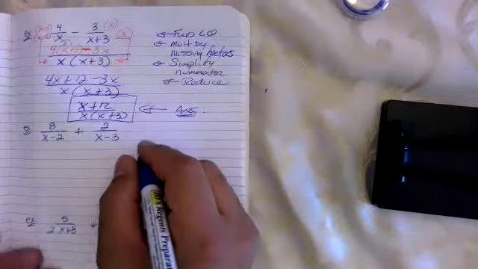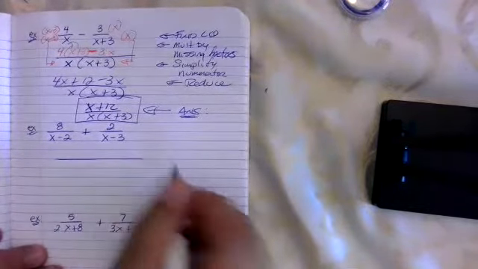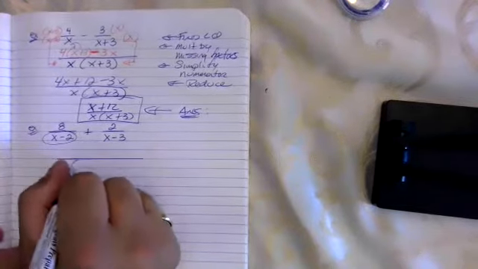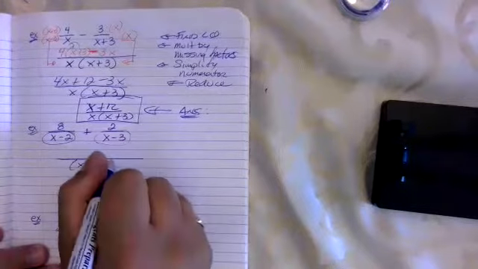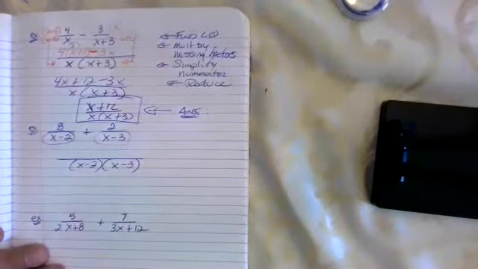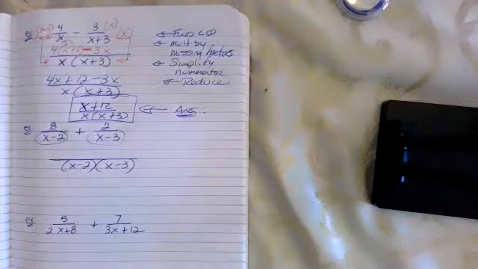So in this example, I need this entire denominator expressed in my LCD, and I need this entire denominator expressed in my LCD. So my LCD is going to be x minus 2, x minus 3.